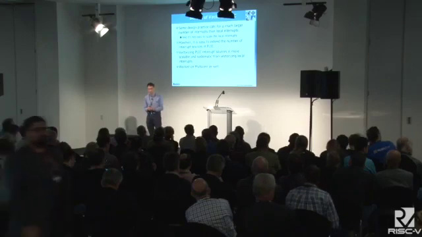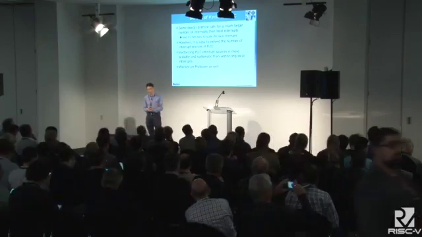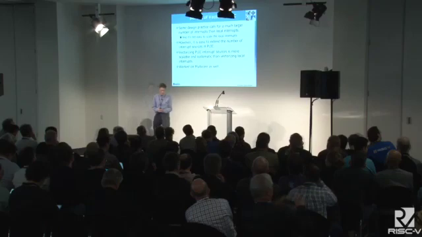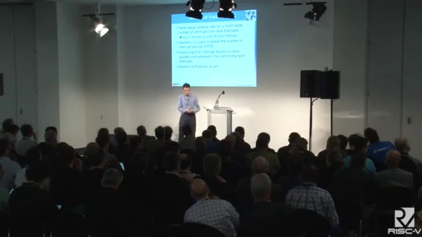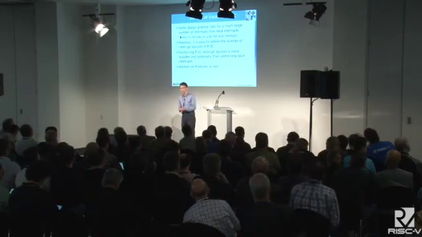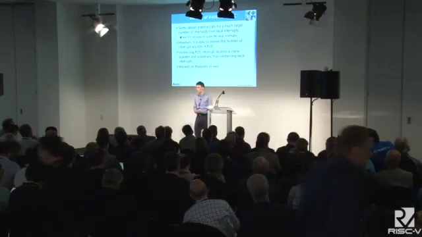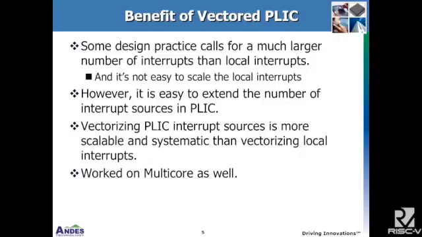Another feature we extended is to make the PLIC vectored. Actually, the current V1.10 privilege architecture has already defined a vector interrupt on the local interrupts. Then why do we want to vector the PLIC? The reason is that some design practices call for a larger number of interrupts than the number of local interrupts.